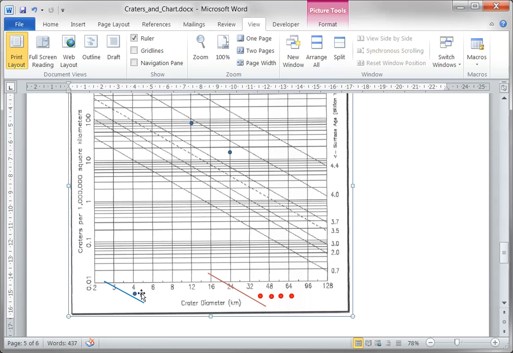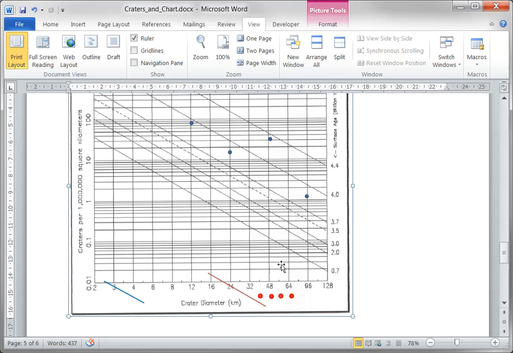The next one was 32 to 64, midpoint is 48, so let's say we'll have a value there. And the last size range was 64 to 128, so I'm going to grab this and put it halfway, on the 96 kilometer axis.